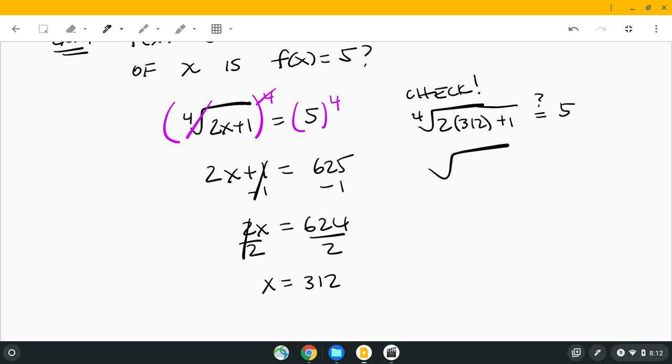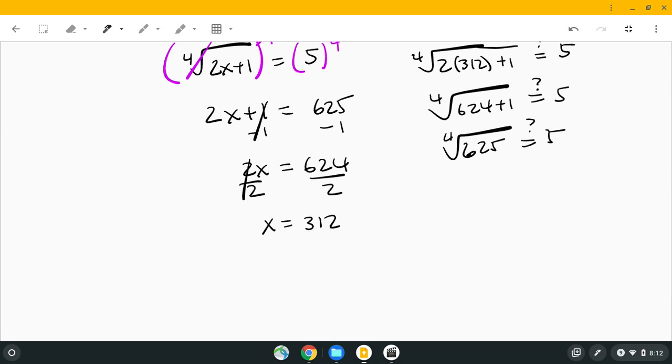All right, so we have fourth root of 624 plus 1, and then this is fourth root of 625. And the fourth root of 625 is 5. So yes, this does work. x equals 312.